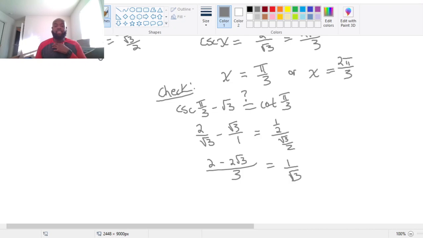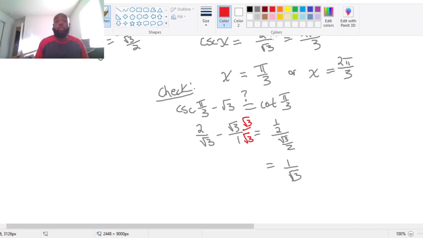Now, if you look at that, you will notice that I made a mistake. So when we get a common denominator, that's a 1, and 2 is not our common denominator. And so when we get a common denominator, our denominator has to be the square root of 3 here. So I would have to multiply the numerator and the denominator of this by the square root of 3 over the square root of 3.